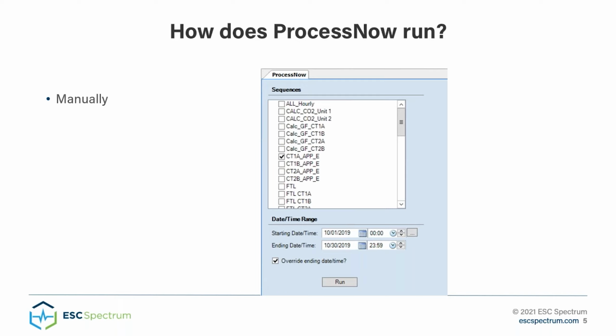For reprocessing data, we would typically select your daily ProcessNow and use the override ending date and set the date for only the current quarter to the previous day ending at 2359. So for example, today we put the ending date being 5/24/2021 at 2359.